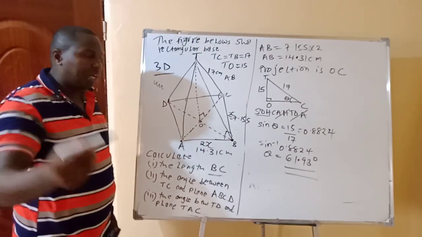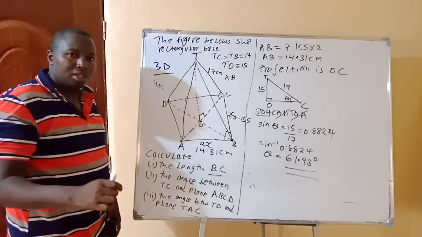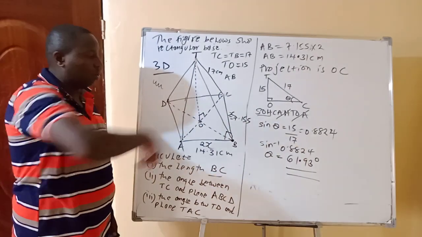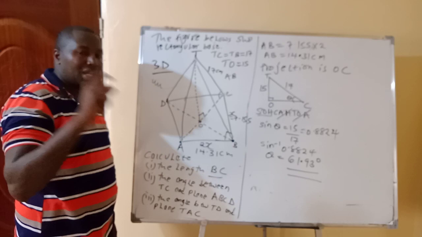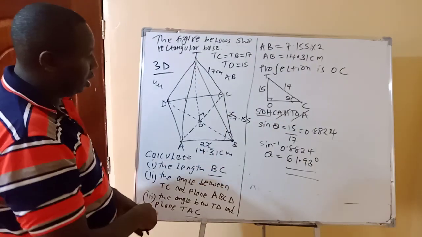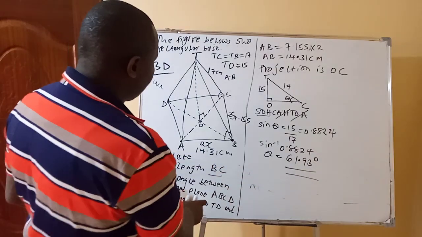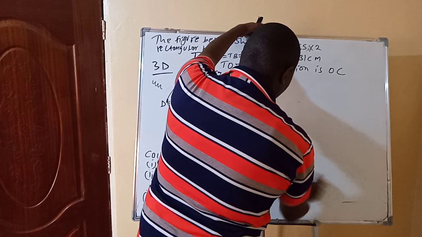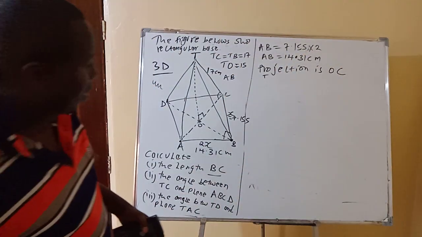That's why we need to know where it makes an angle of 90 degrees along AC, so that we can identify the projection of that line.